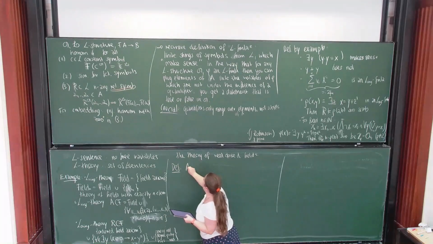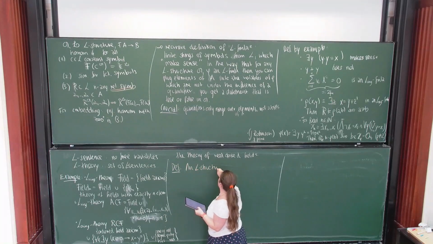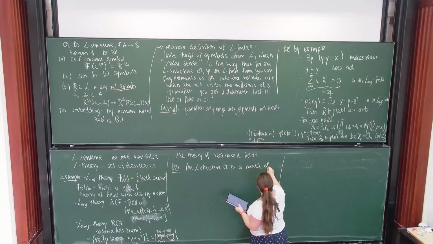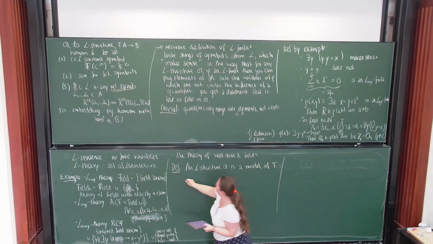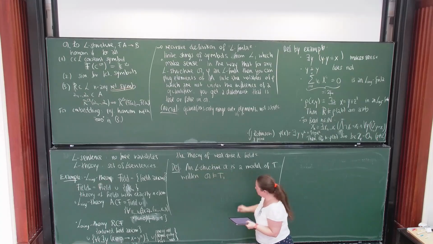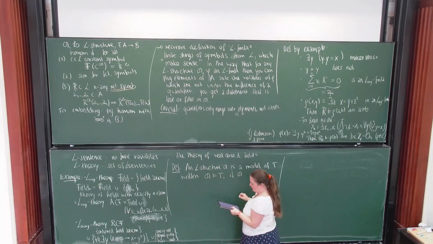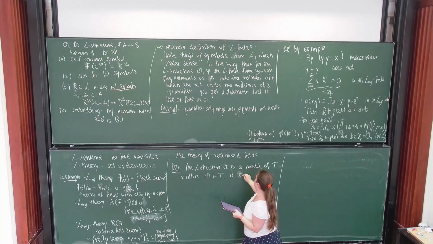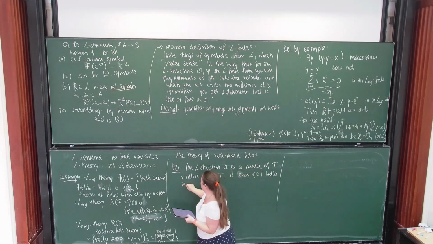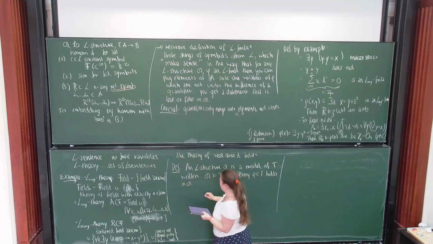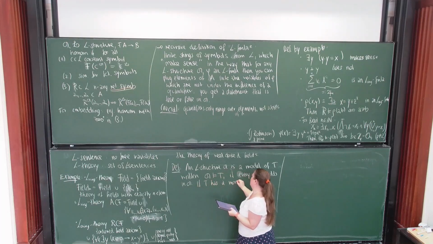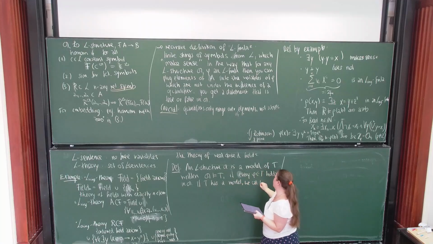An L-structure A is a model of T, where T is an L-theory, written A models T, if every phi in T holds true in A. If T has a model, we call T consistent.